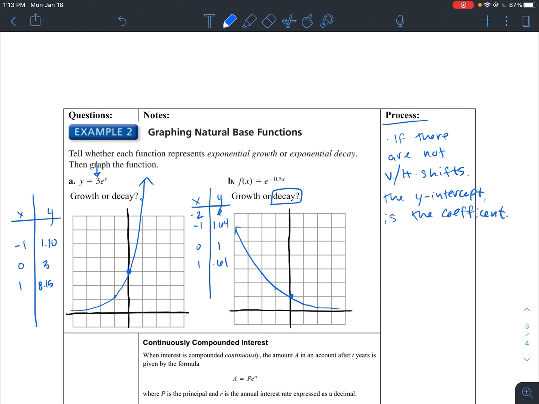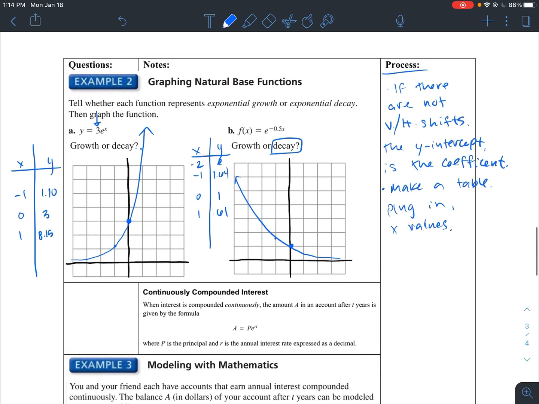And then other than that, just make a table, plug in x values to get your output values. And then you can just plot some points. Okay.